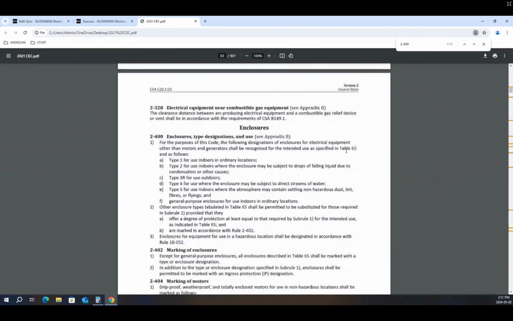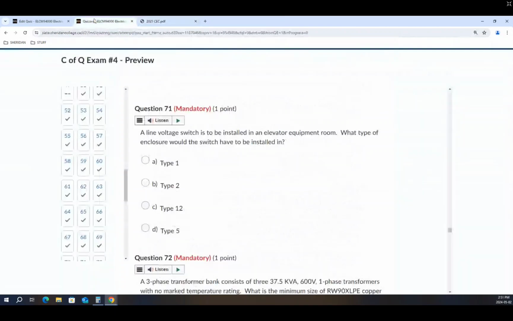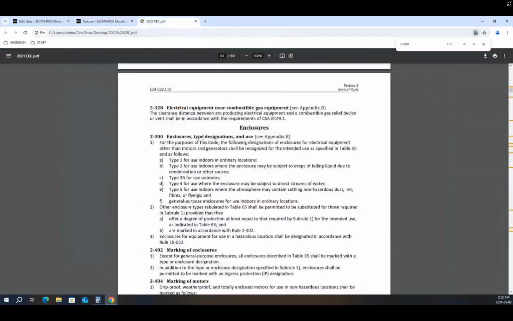Enclosures 400. Elevator equipment room, what type of enclosure?